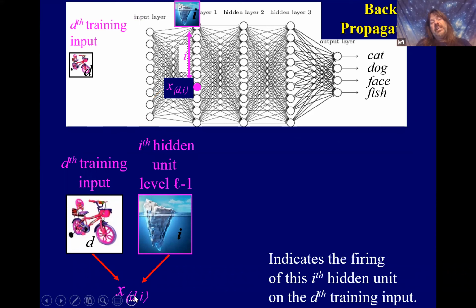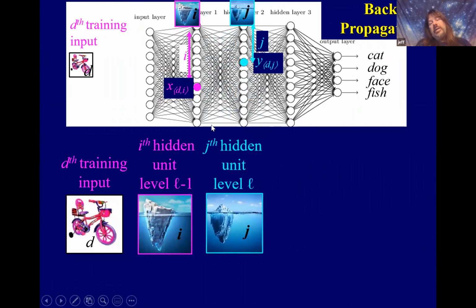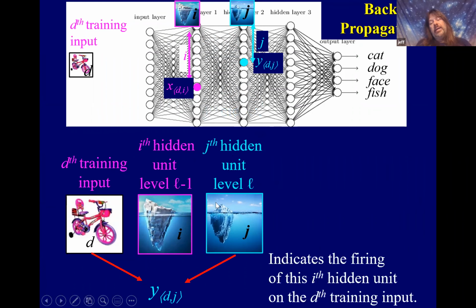For each D and I, the X value tells us the firing of the ith hidden node when you feed in the D training data. Similarly, we can go up to J, the next layer. We can talk about the jth node at this layer, and Y is how much it's firing on the D training data.